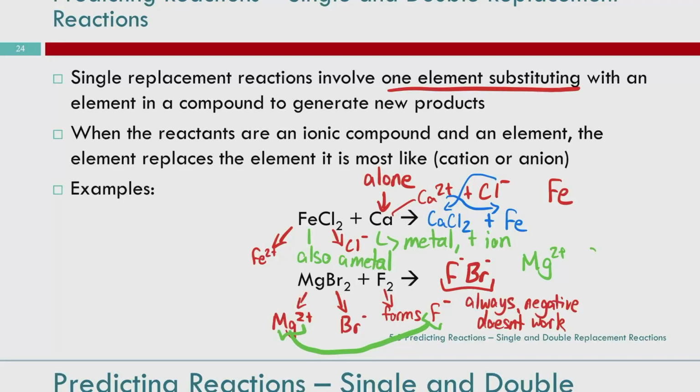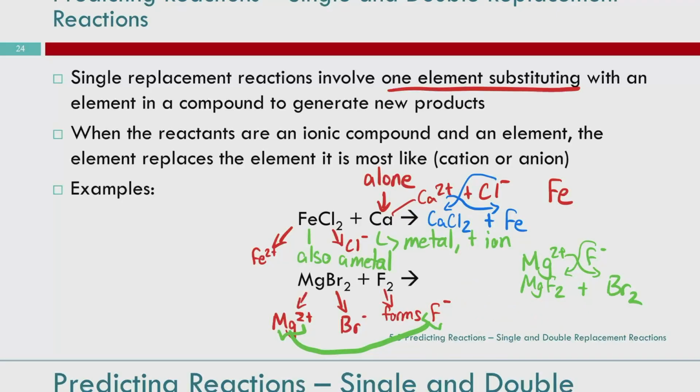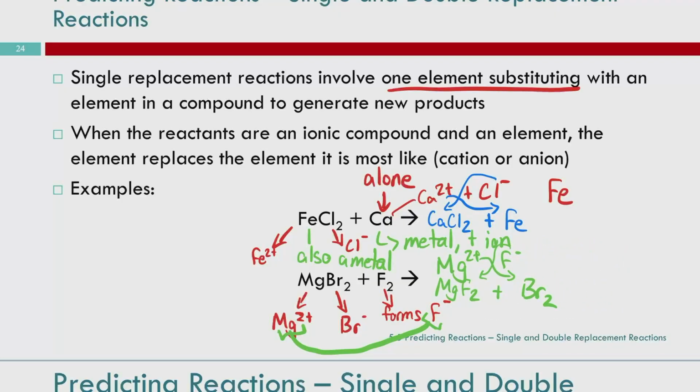So magnesium 2 plus, F minus, crisscross them, MgF2, and bromine in its normal form. And for clarity of looking at this later, I'm going to delete the wrong one. Like it never even happened.